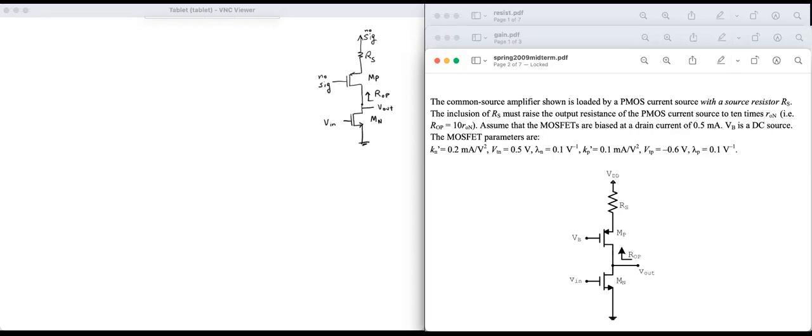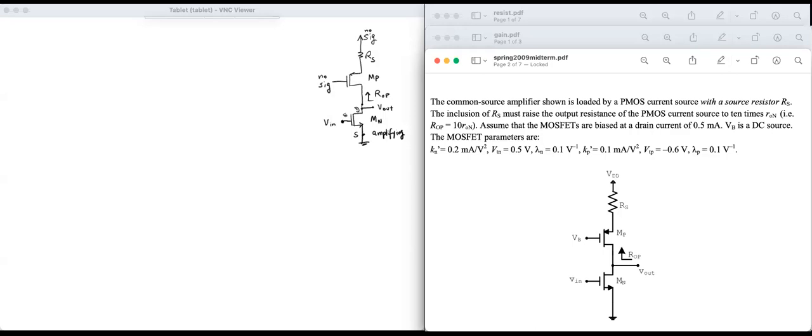So let's verify that this, in fact, is a common source amplifier. The input is here. So this is the gate of MN. The output is here. This is the drain of MN. So this is the amplifying MOSFET with input at gate, output at drain, and the source is grounded. Okay, so gate, drain, source, and in fact, we can consider this to be a common source.